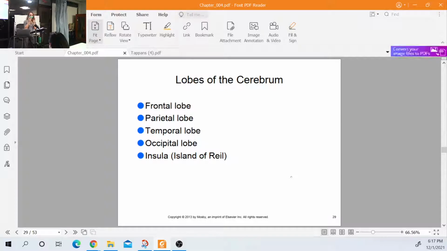Understanding language is involved in this one, as well as some more complex sensory memory forming from things like smells and music and things of that nature. Our occipital lobe has to do with our vision and things that we see, understanding that, and also body control based off what we see.